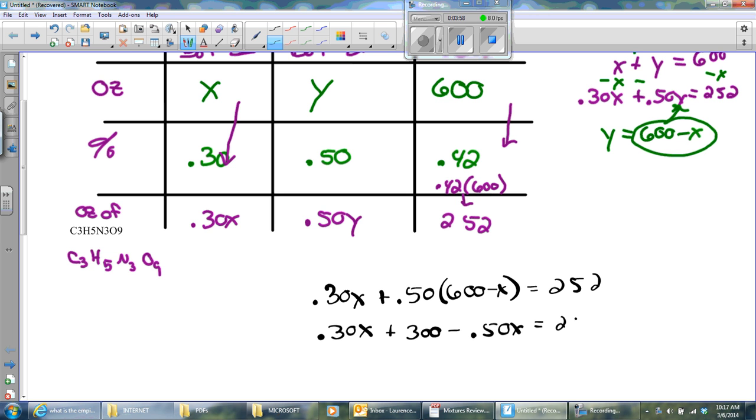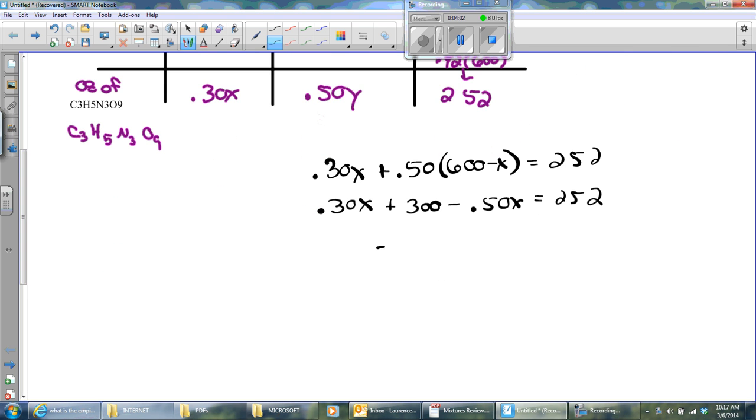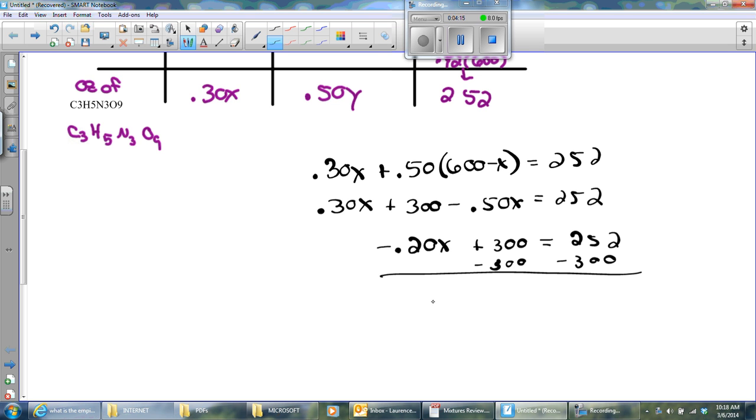That'll equal 252. I'll combine my like terms, and I'll get negative 0.20x plus 300. And that'll equal 252. I'll subtract 300 from both sides, and I'll get negative 0.20x, and that will equal negative 48, right?